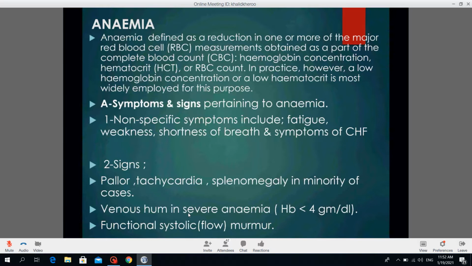Splenomegaly may occur in the minority of cases, but when there is marked splenomegaly, you have to look for a secondary cause of this anemia. For example, in patients with chronic myeloid leukemia, there will be massive splenomegaly. Big spleen, the spleen may cross to the right iliac fossa.